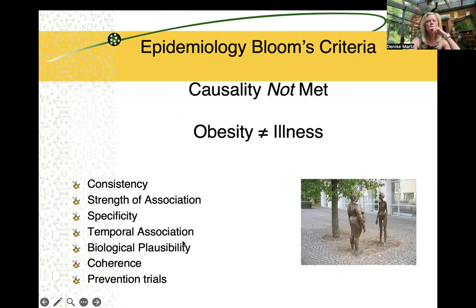The temporal association, you do see larger bodies tend to come first before you start to see illness. So we've got a little bit of that. We've got a little bit of the biological plausibility on some level, like we talked about the fat cells releasing certain hormones. And we know that in larger bodies, once you develop metabolic syndrome, as an example, then it becomes easier to gain more weight.